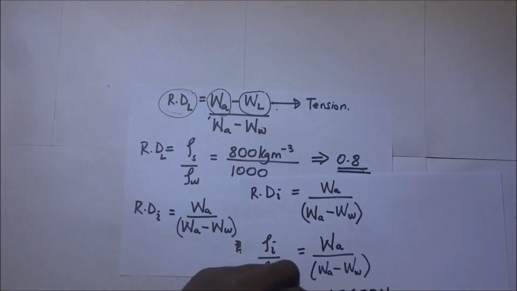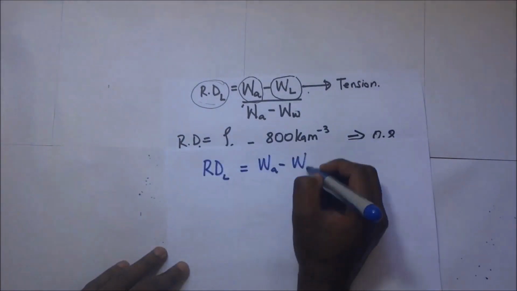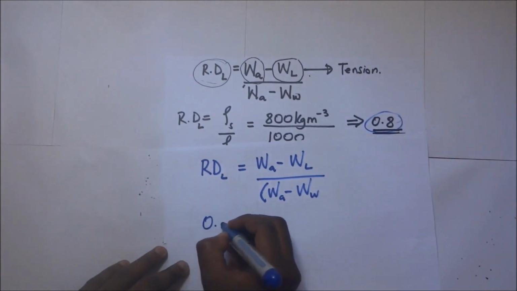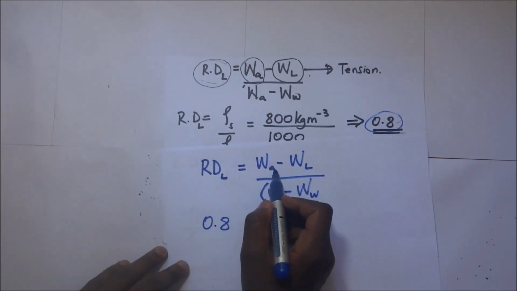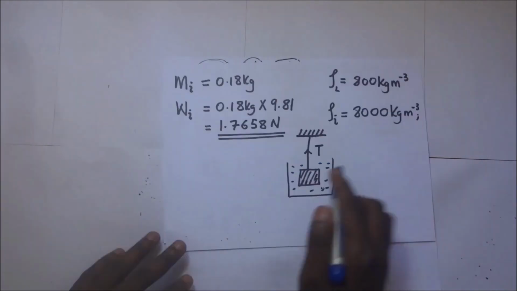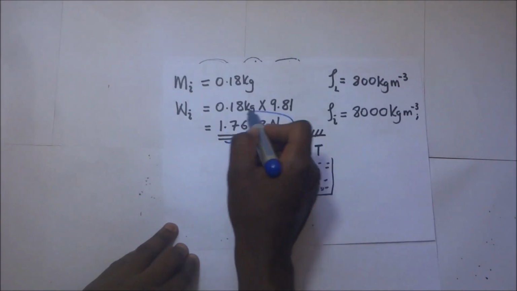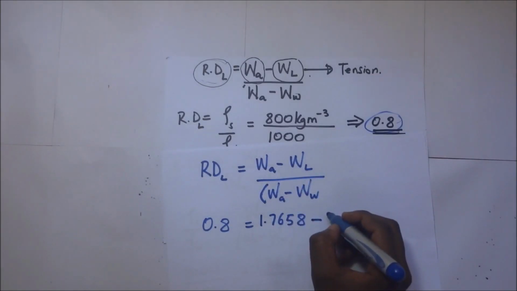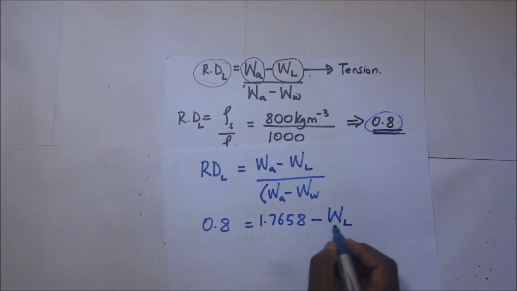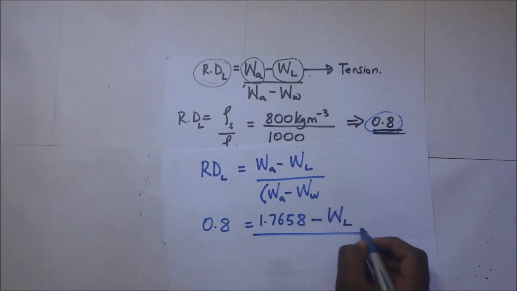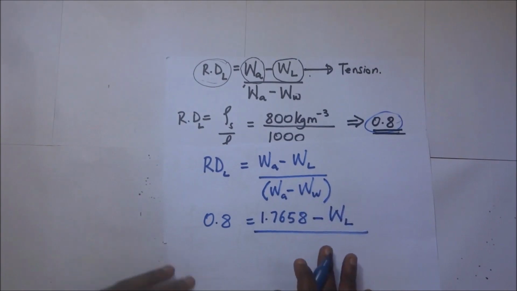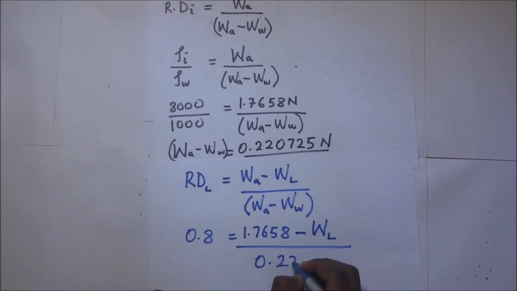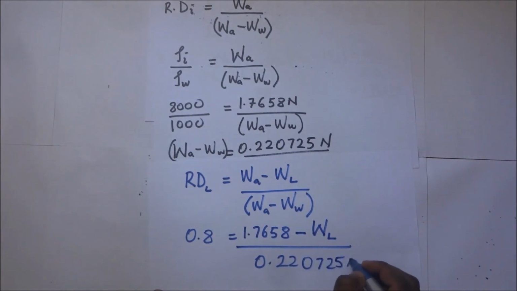So to proceed with that, we shall do, if I may write this down, the relative density of the liquid, we got that already as 0.8, so this is going to become 0.8 is equal to the weight in air, which we already got, the weight of the solid iron in air, which we got as 1.7658 newtons, minus the weight of the solid in the liquid, which we are looking for, which is equivalent to the tension, divide that by this expression, which we already got as 0.220725 newtons.